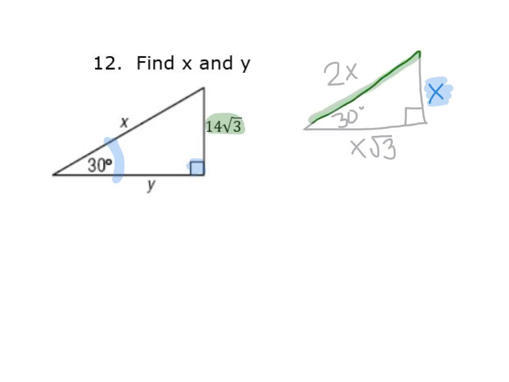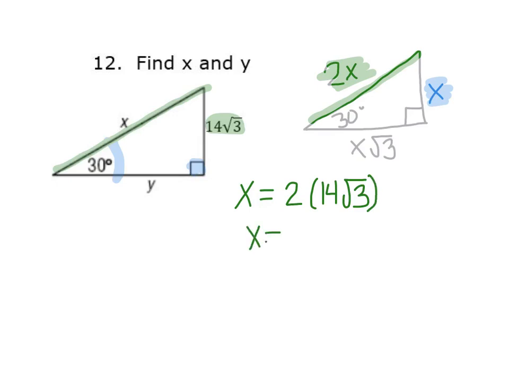The hypotenuse is going to be 2x. So my x value is going to equal 2 times 14 square root of 3. When we simplify, we get 28 square root of 3.